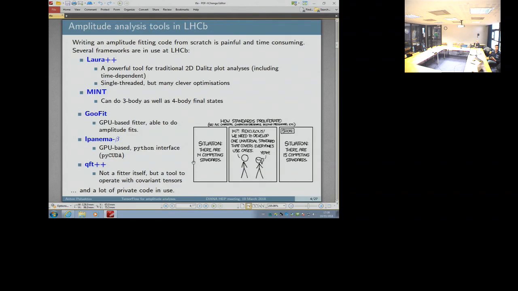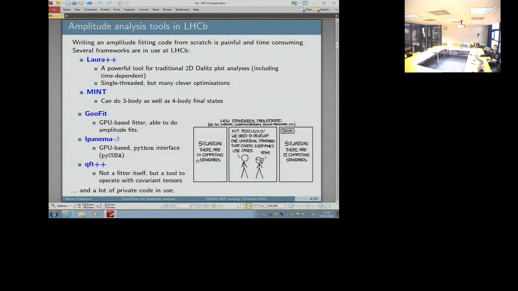This is in principle single-threaded, but there are many clever optimizations which make this code quite efficient. But when you want to extend it to include something that it was not designed for, for instance non-spin-zero particles or four-body decays, then it becomes very difficult to modify.